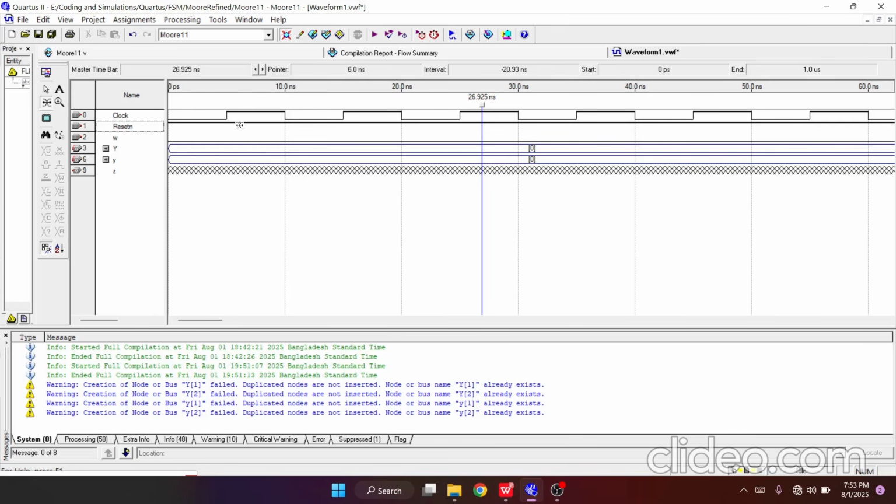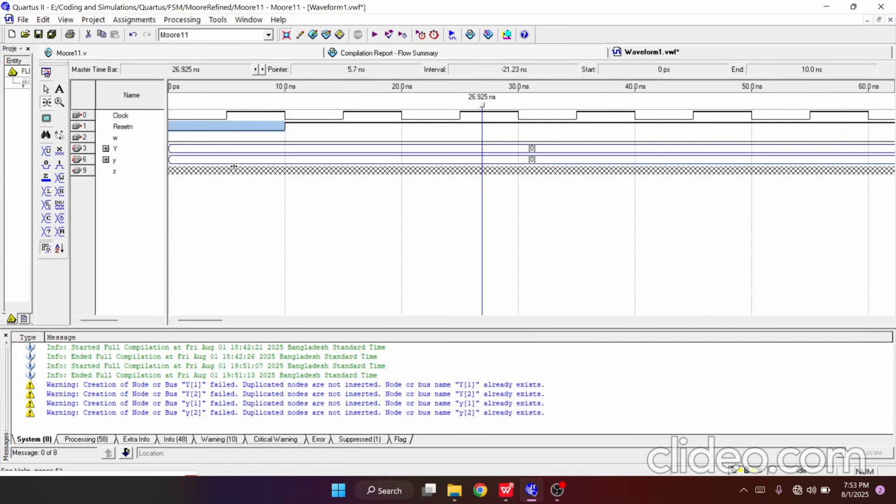I want to make the value of reset n low from 0 to 10 nanoseconds. Okay, so I will just use the mouse, and like this I have set it to low.